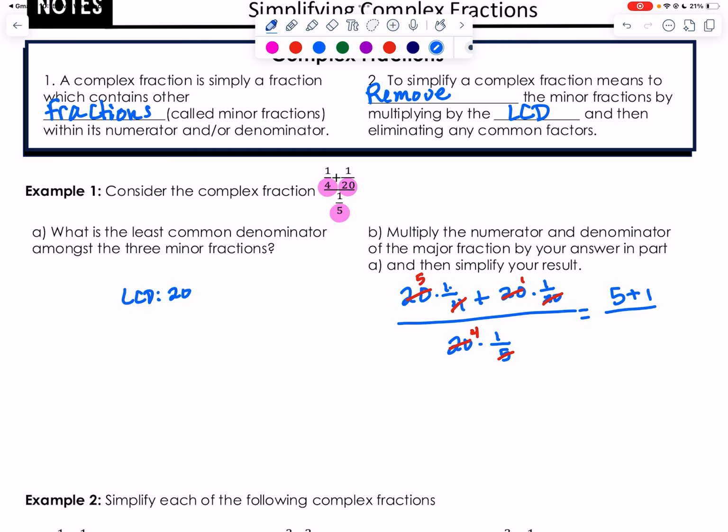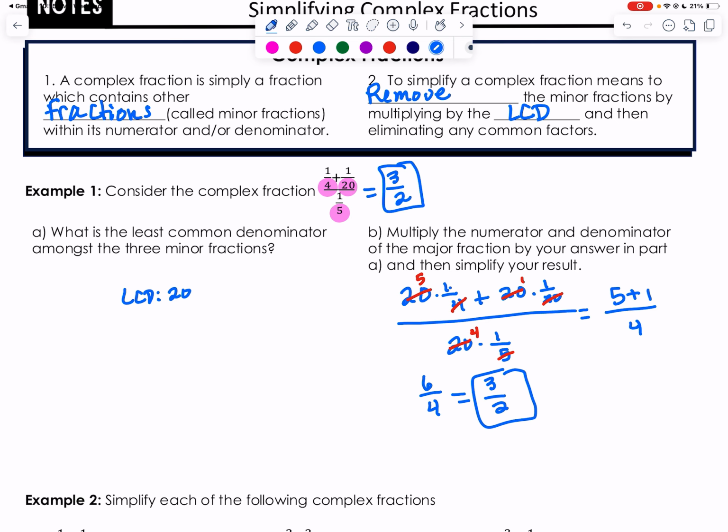And on the bottom, we have 4 times 1, which is 4. So to simplify that further, 5 plus 1 is 6 over 4, which would reduce to 3 over 2. So amazingly, once we multiply by the LCD, this complex fraction, 1/4 plus 1/20 divided by 1/5, simplifies all the way down to 3 over 2.